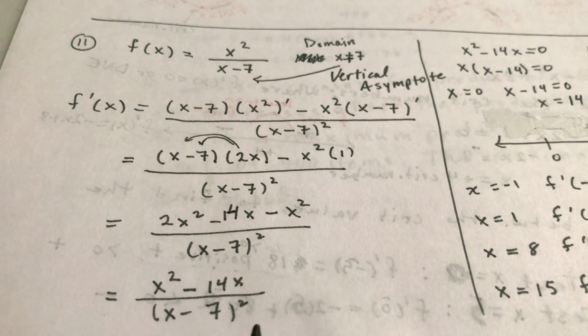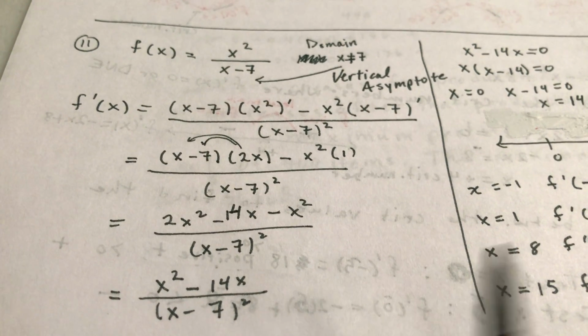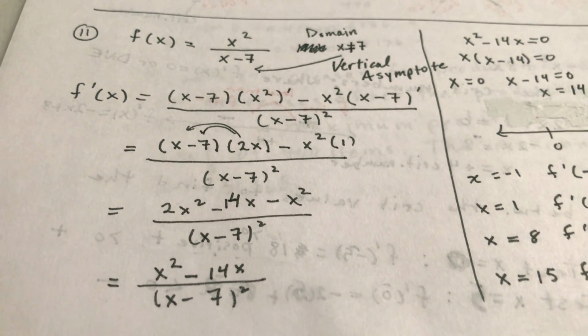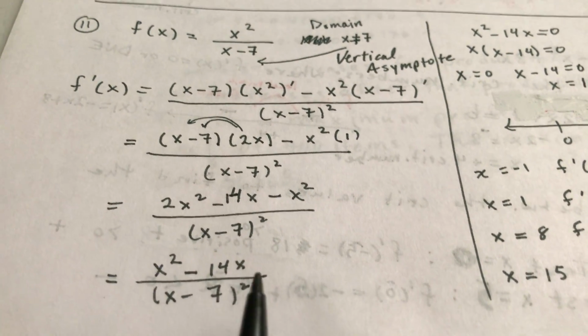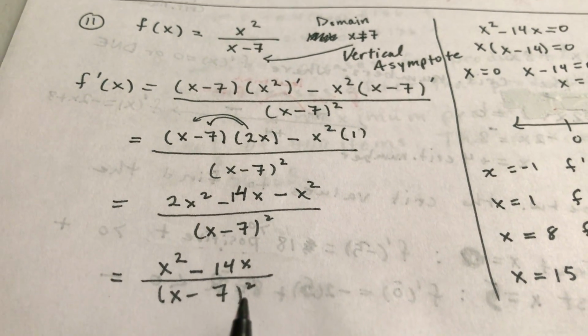Now, we have to first find the critical values, and then we'll put those on a number line, and then we'll test between the critical values. Now we have a denominator here.